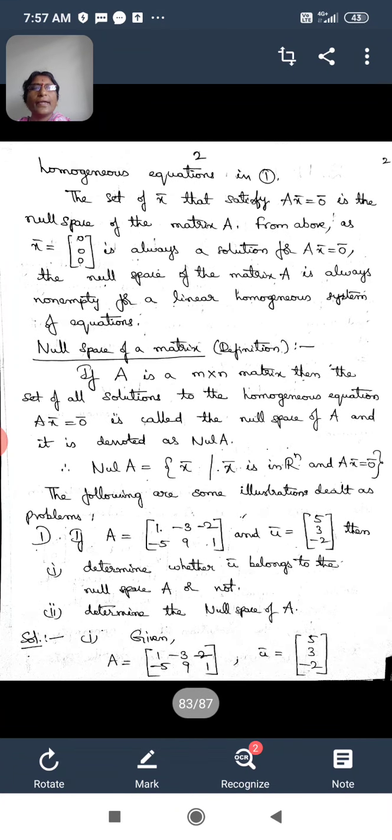Therefore, null A in notational form is defined as null A is equal to the set of x bar such that x bar is in Rn and A x bar is equal to 0 bar.